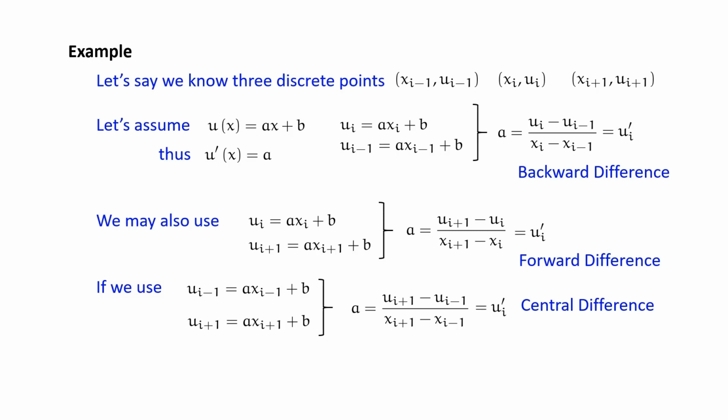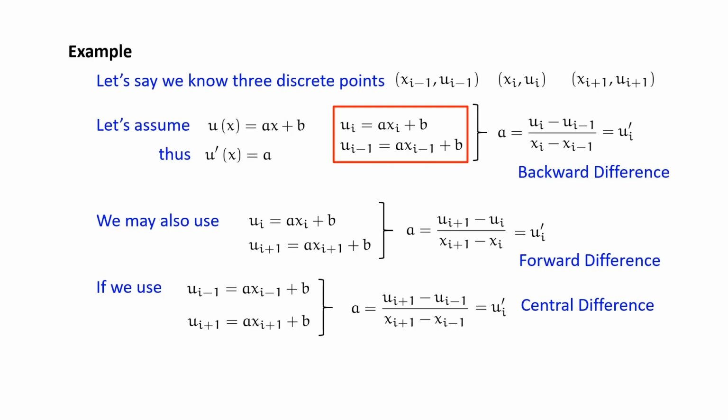If we indeed fit a straight line ax plus b, then my derivative is simply a, and we know that u_i is a x_i plus b, u_{i-1} is a x_{i-1} plus b. Using these two equations, we can find a and b.